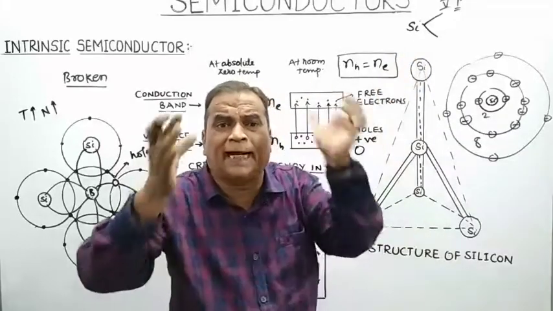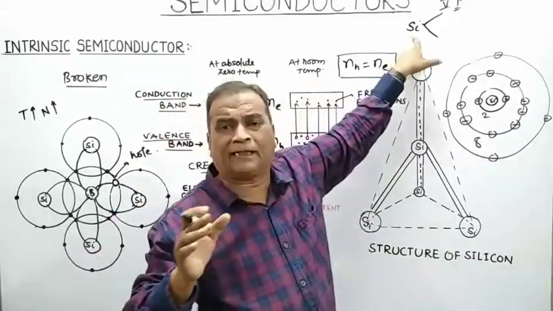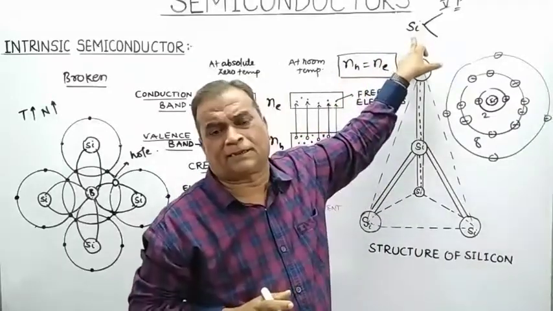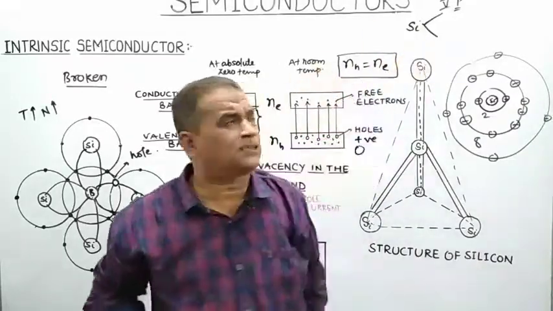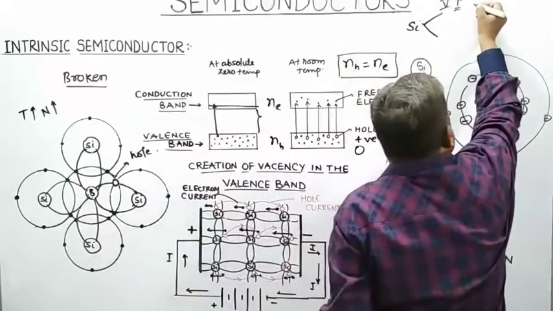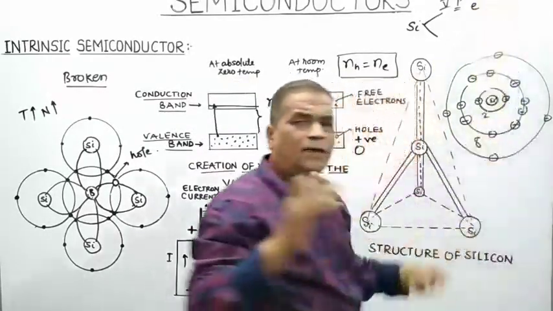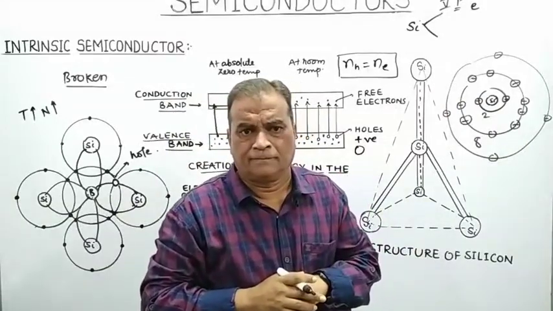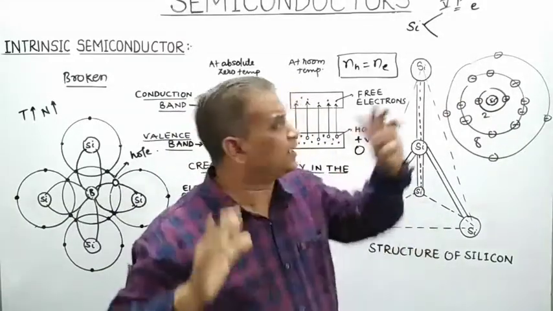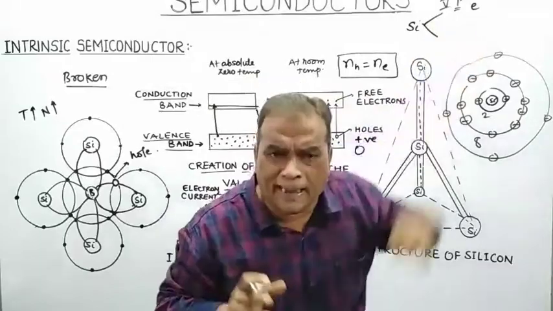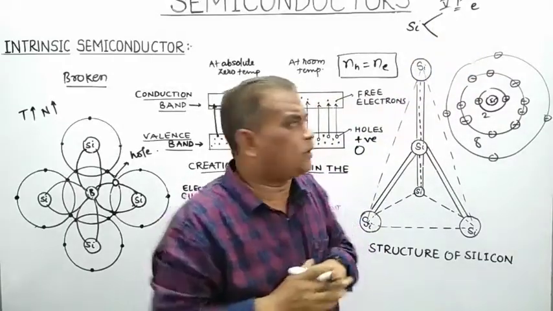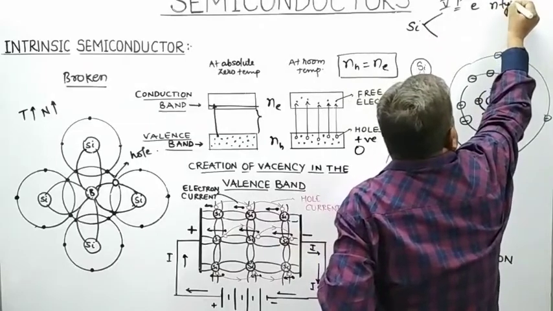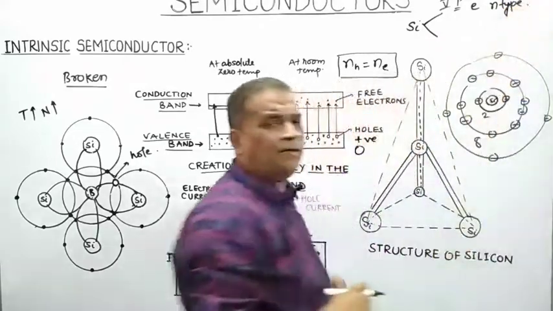As far as that doped silicon semiconductor is concerned, it has electrons as free charge carriers. The majority charge carriers are electrons. So we call that type of semiconductor an N-type semiconductor.